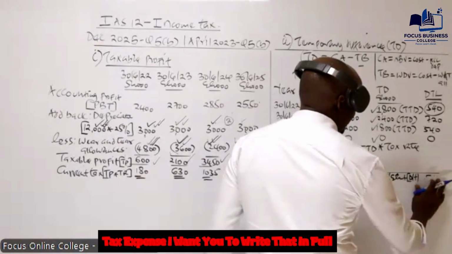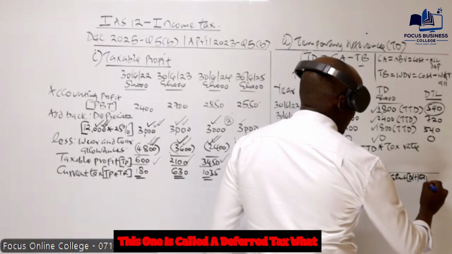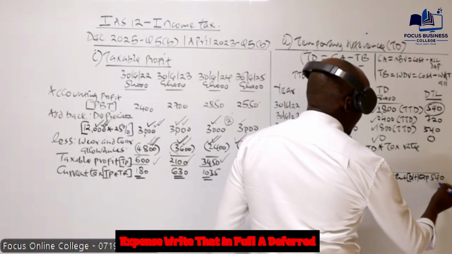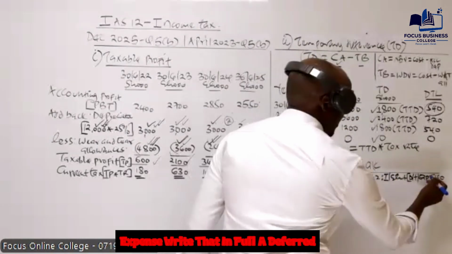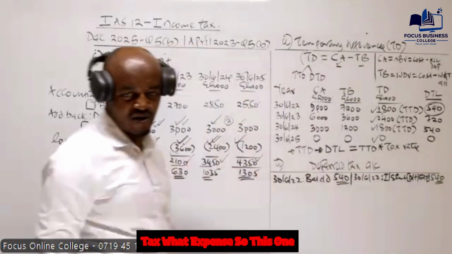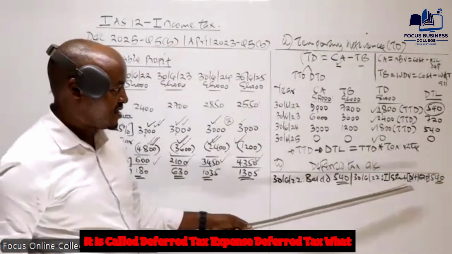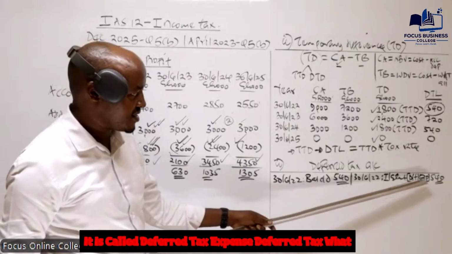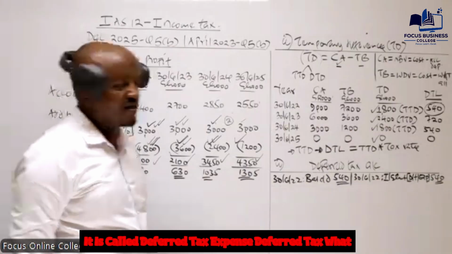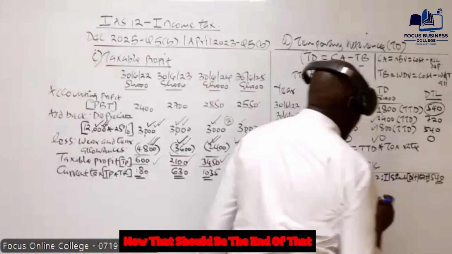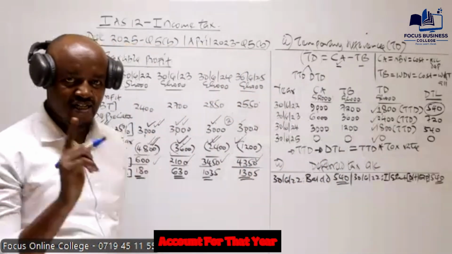I want you to write that in full: deferred tax expense. So this one we take to the income statement. That should be the end of that account for that year.